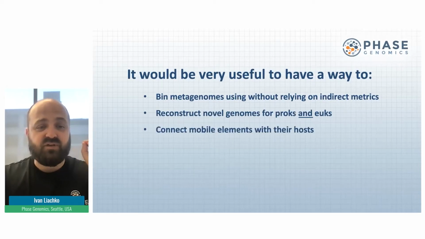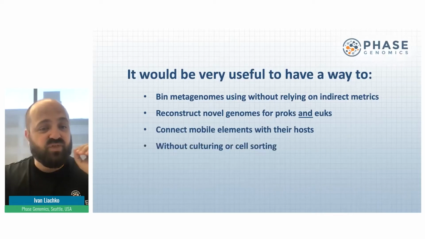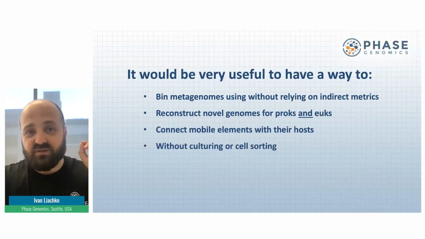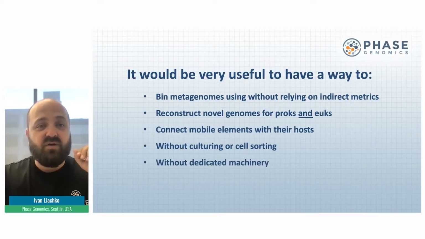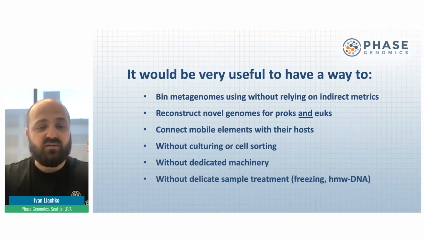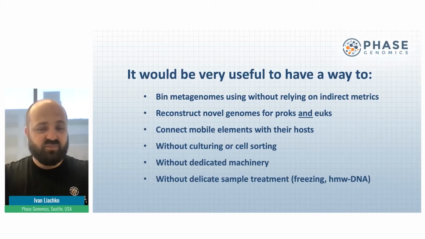It would be great if it could connect mobile elements with their hosts without culturing, without single cell sequencing, and without having to sort individual cells. It would be nice if you didn't have to buy a special machine just for this. And if it could get around very delicate sample treatments, like extracting high molecular weight DNA or not being able to freeze cells. The method I'll tell you about today fits a lot of these categories.